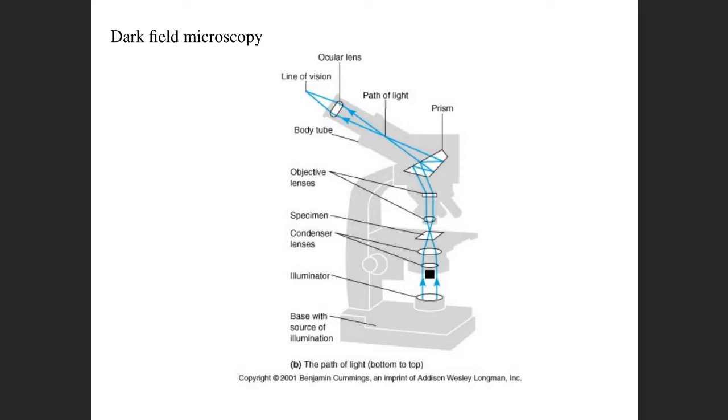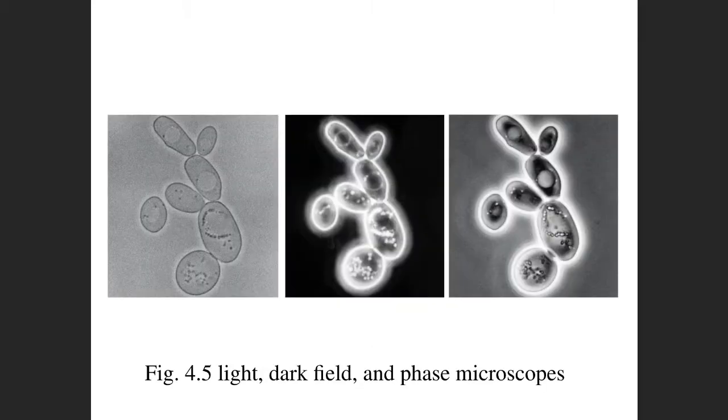What they did was put a block in the middle of the condensing light. In the lab, you basically just put a black bottle cap in the middle. And so what does that do?